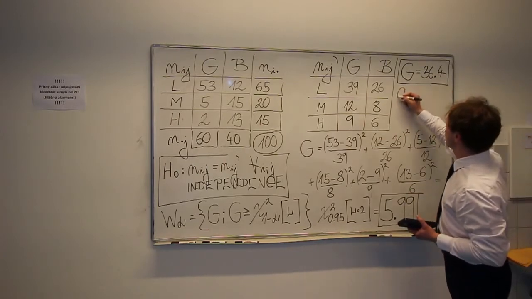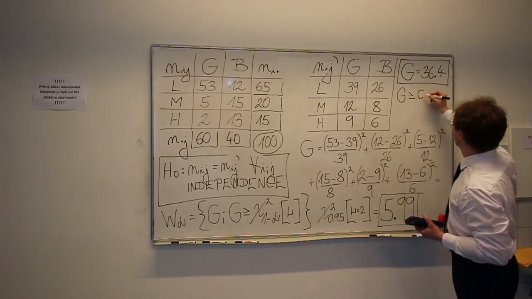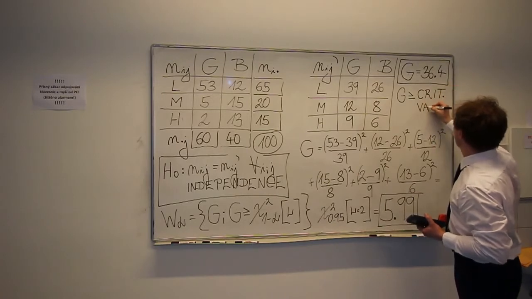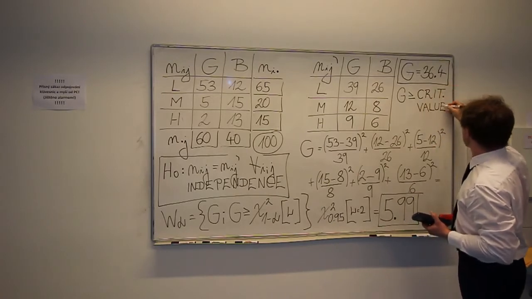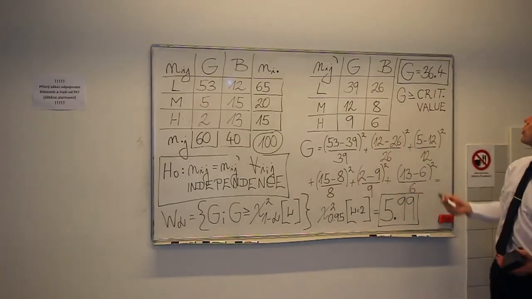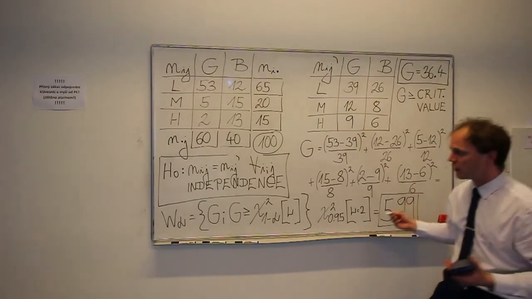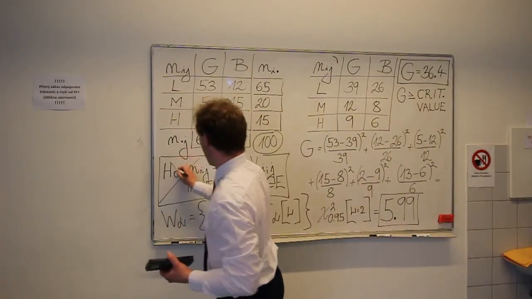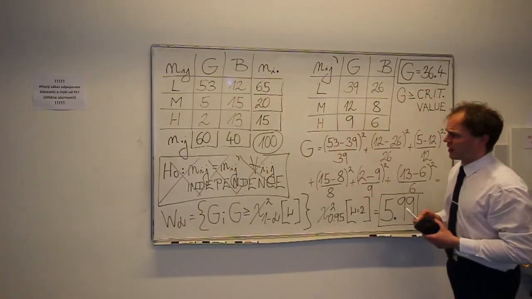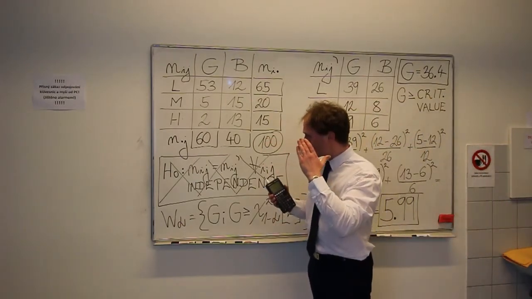And if G is higher than or equal to the critical value, we enter the rejection region and the zero hypothesis is rejected. 36 is higher than 5.99. So this hypothesis about independence is rejected at the 5% significance level.